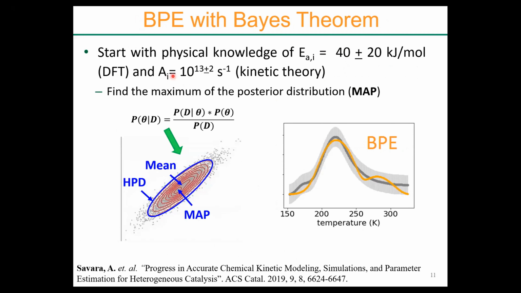We have our estimate of the pre-exponential ahead of time with some uncertainty, and we seek to find the maximum of the posterior distribution. And this is the output, which is a reasonable reproduction of the main peak. And this tail is at least in reasonable agreement, let's say, with having a shoulder like this.